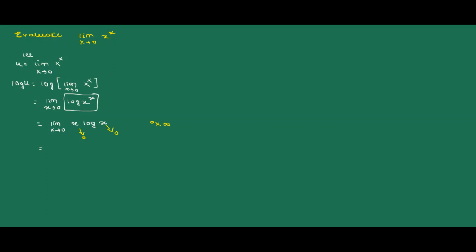For this we can write limit x tends to 0, I will keep log x as it is and transpose this x in the denominator, you will get 1 divided by x. Now by using L'Hospital's rule, if you put x is equal to 0 here and here, you will get infinity by infinity form.